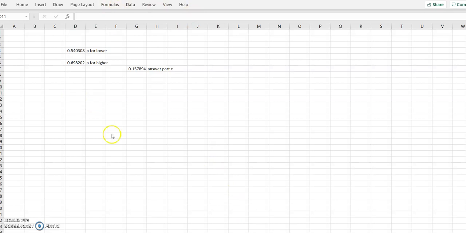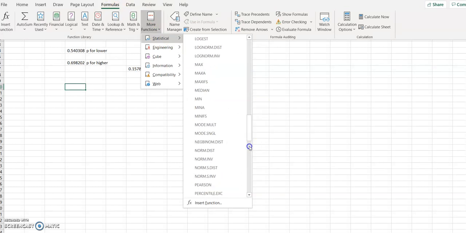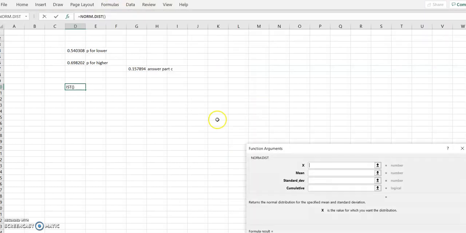So now we're going to do the exact same thing we did in part C. No different. We're just going to use a different standard deviation. That's it. Like I said, it's not that difficult. Okay. Norm.dist. And again, the x, we're going to do the 165,846.